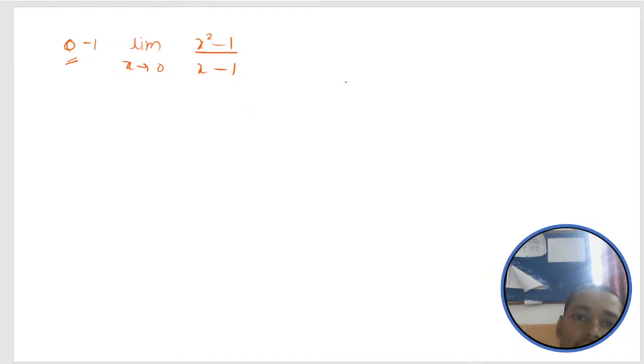it as x equals to 1 plus h, because the limit we want to find is tending to 1, not 0, tending to 1.